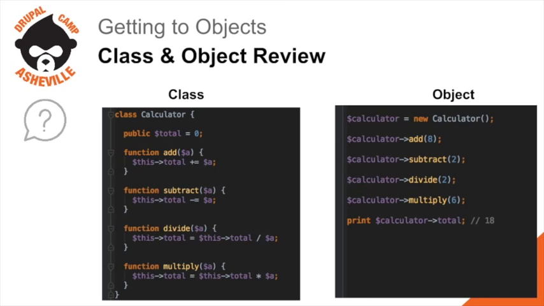Yes? So what do we call this operator? It's the dash and greater than. I believe it probably has a technical name, probably like an accessor or something like that. I call it little arrow.